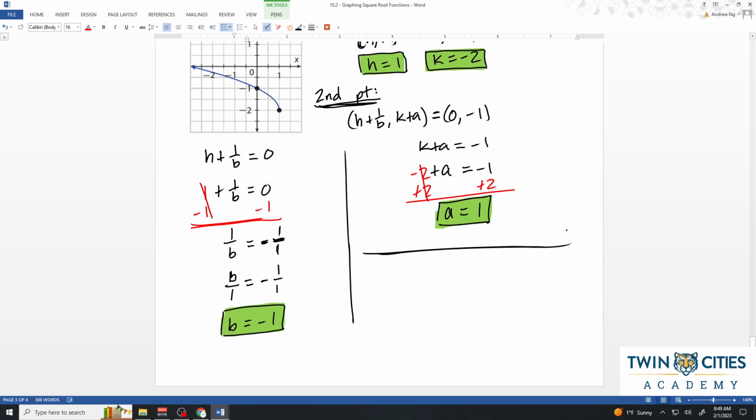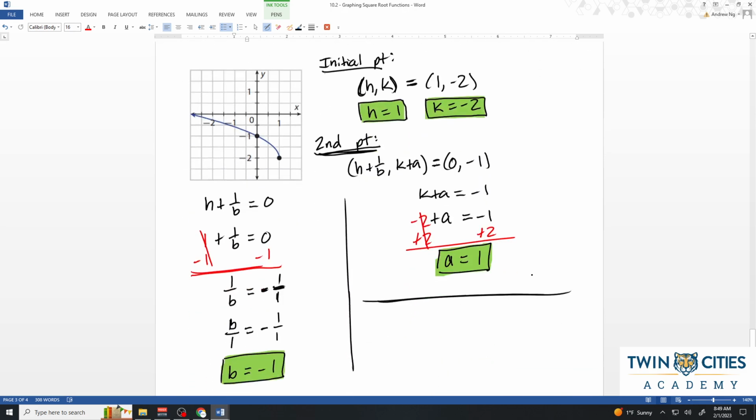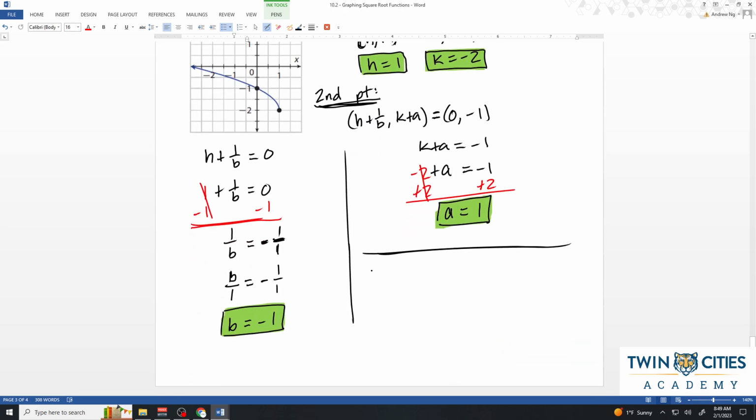All right, now let's put it all together. Again, reminding you, the standard form is a times the square root of b, quantity x minus h, that's all on the inside there, and then plus k on the outside. Okay, let's write that down again.